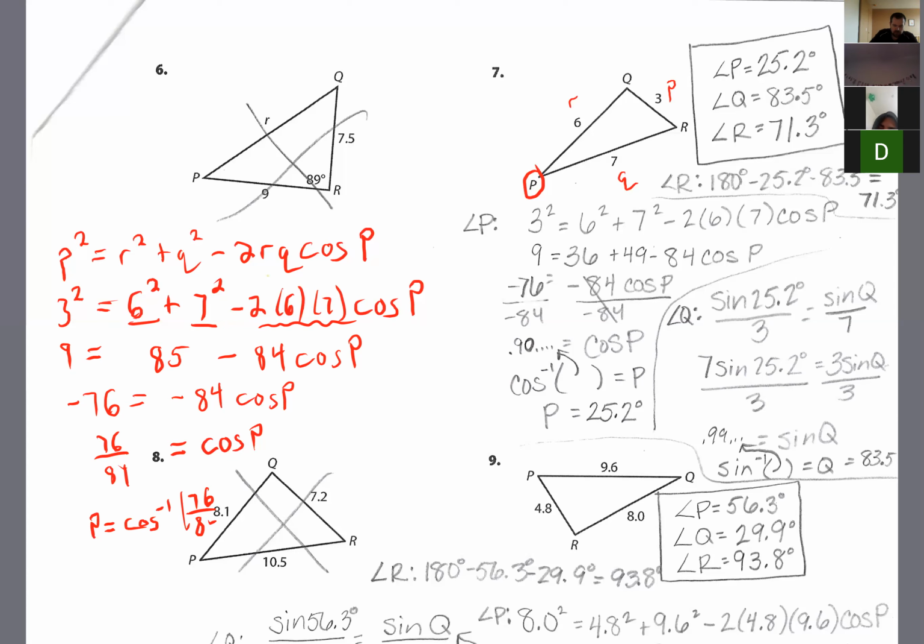So make sure you are in degree mode on your calculator. You would plug that into your calculator, and that's going to give you 25.2 degrees. So I'd say the measure of angle P is approximately 25.2 degrees.